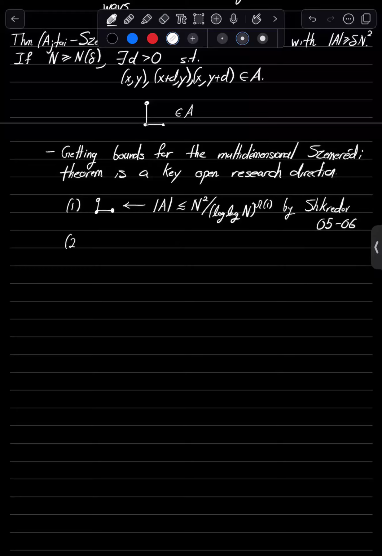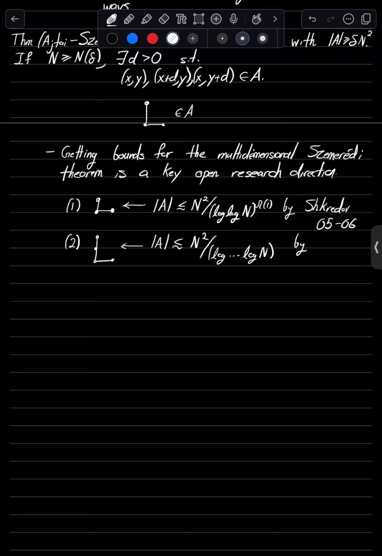And we literally have exactly one further pattern. This is 3 points in a line and then 1, so this kind of L shape. Here we have a bound on the size of A of n squared divided by some number of logs, depending on the current state of the literature.